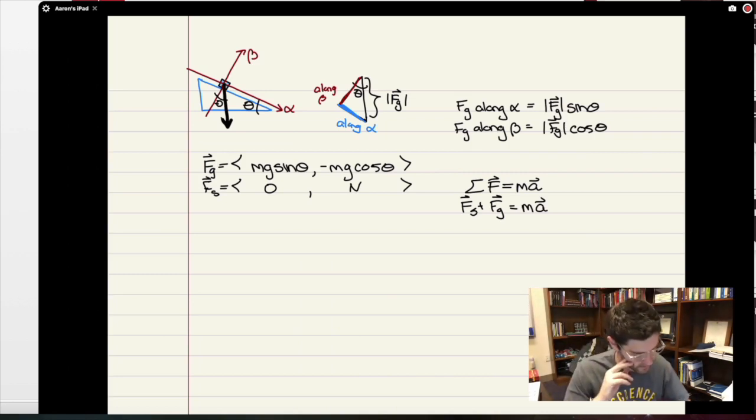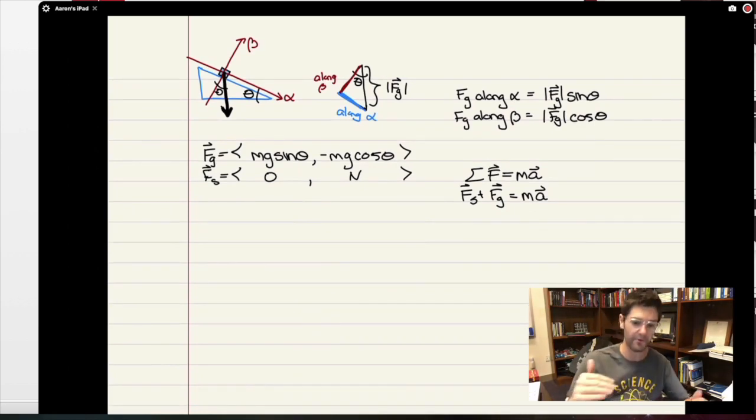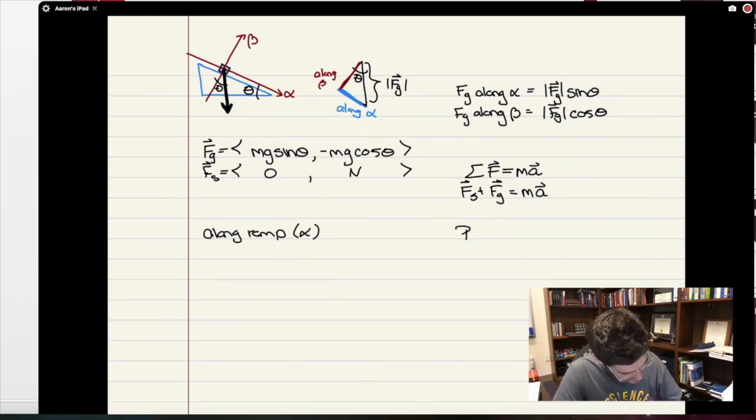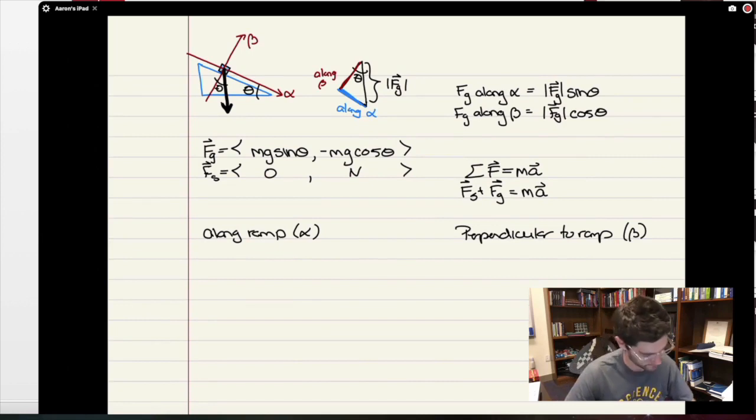But now I can break it into either, instead of before where we did the x direction and the y direction, now I will do along the ramp, or what I called alpha, and perpendicular to the ramp, which I called beta.